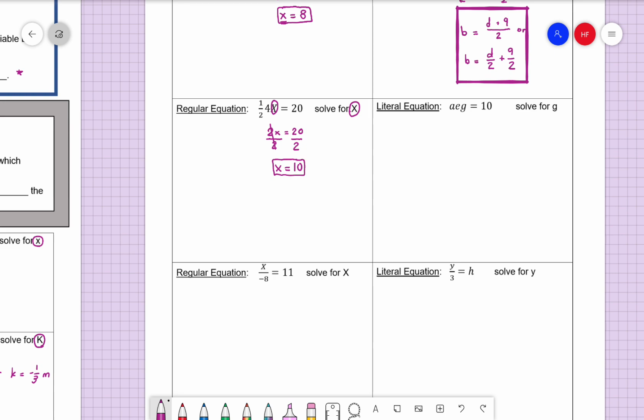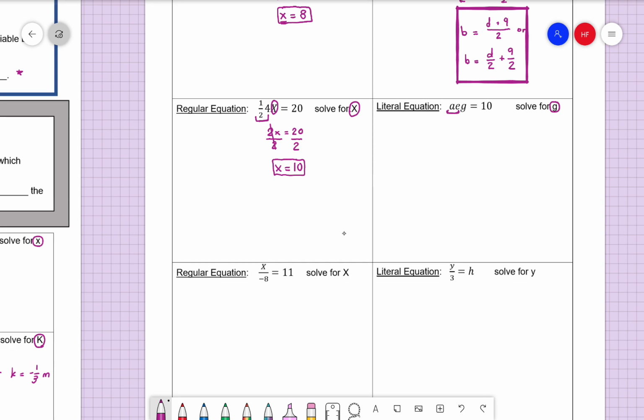Then on the other side, for the literal equation, we're solving for g. So on the left side, I combined the first two that we're multiplying together first. So I can combine these and say that that's AE. So AE is now together, and I want to get G by itself.